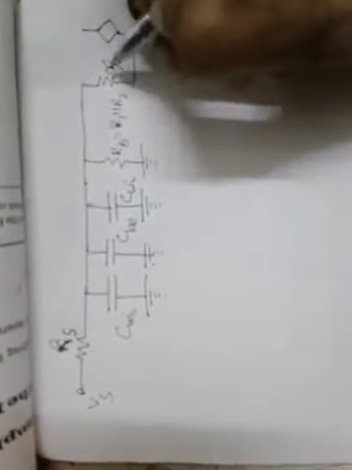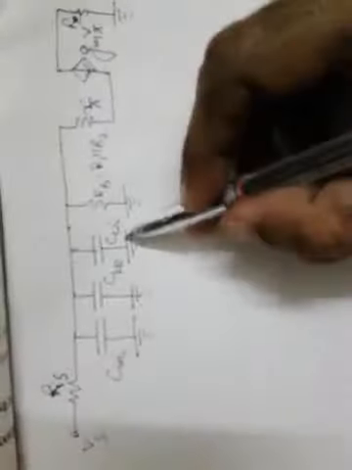The hybrid model has R pi, and this voltage controlled current source is gm V pi. Then there will be the collector resistance RC. Then there will be the representation of output varying capacitance, which is CWO.